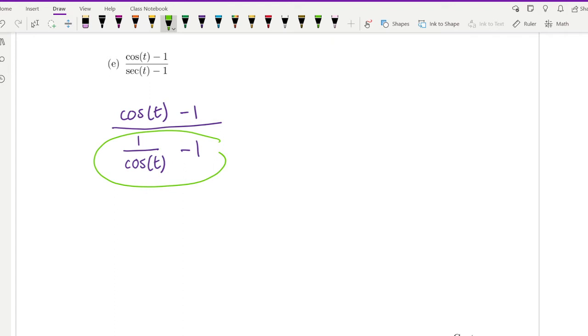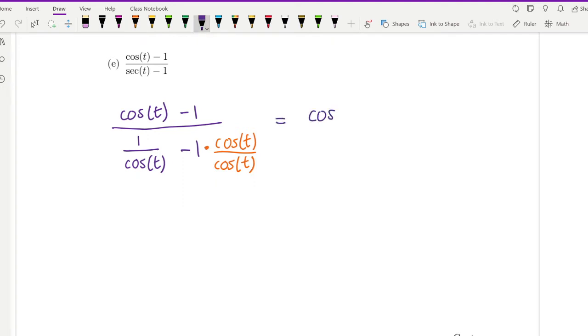So in this case, we make a common denominator among 1 over cosine of t and minus 1, and that might help us take another step in simplifying this. So let's try that. What would the common denominator be? Well, it would just be cosine of t, right? So I'm going to multiply 1 by cosine of t over cosine of t. Let's see what happens after we do that.